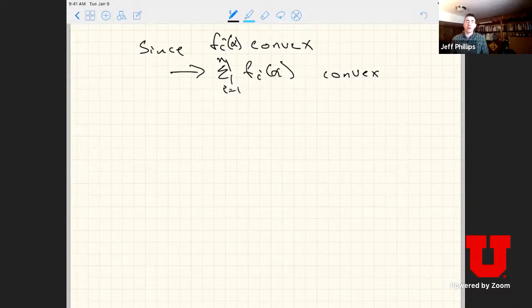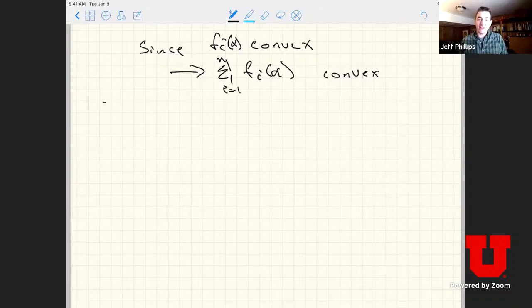So when I run gradient descent on this, it's going to converge to the minimum at a pretty decent rate.